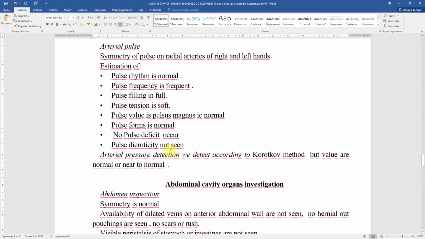Pulse form. You have to add the number of pulse, and whether pulse corresponds to beats per minute.